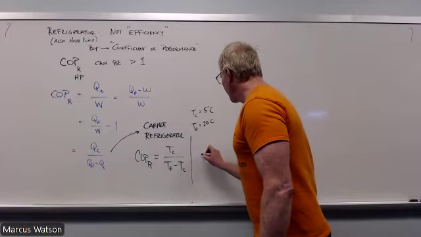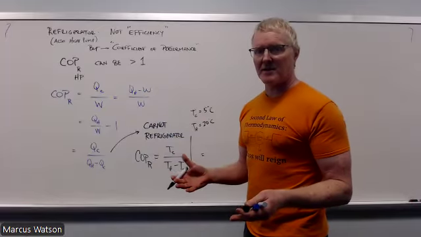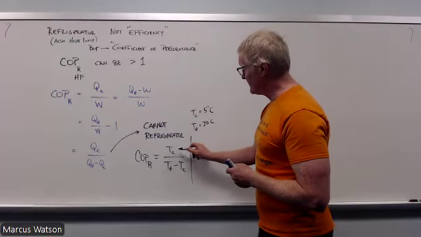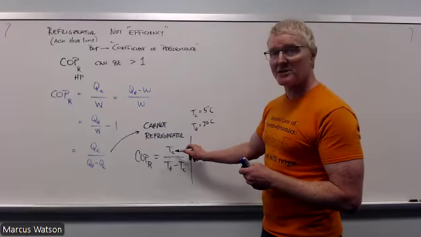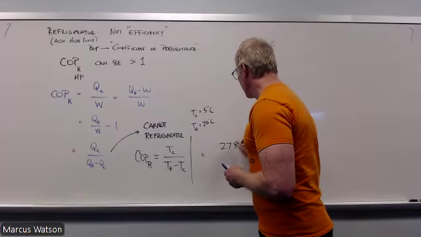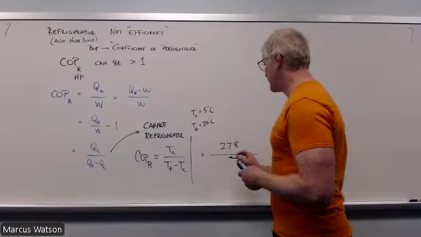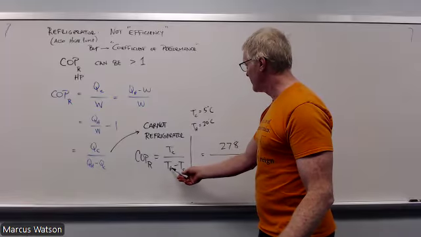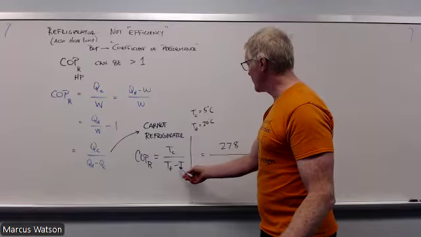Now, of course, I'm not actually putting in centigrade into this, but rather kelvins. So this is going to look at 278 for that temperature. And then this is going to be a difference of, what is this a difference of? Oh, 20 minus 5.